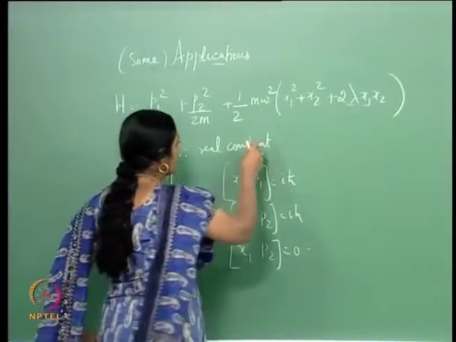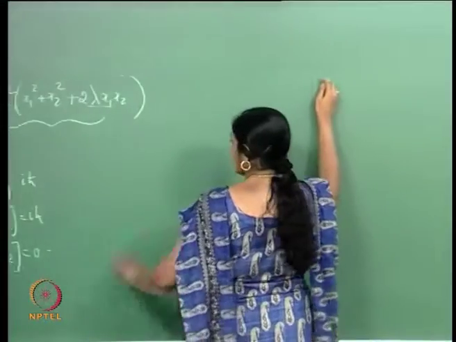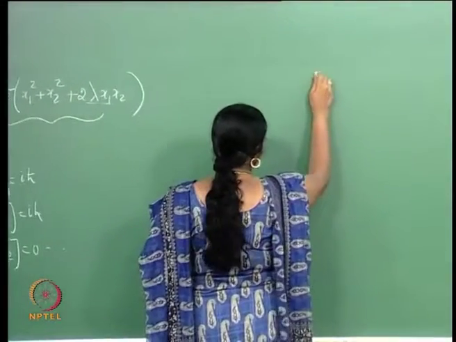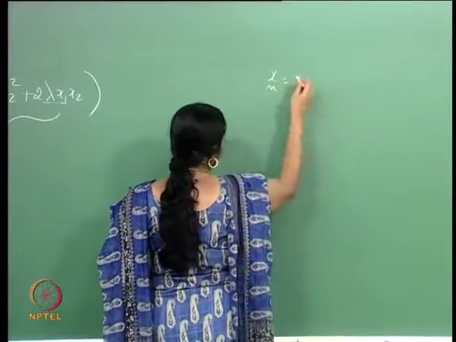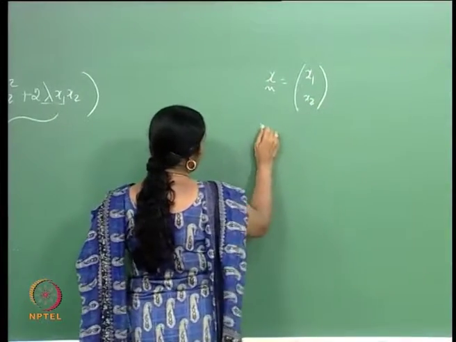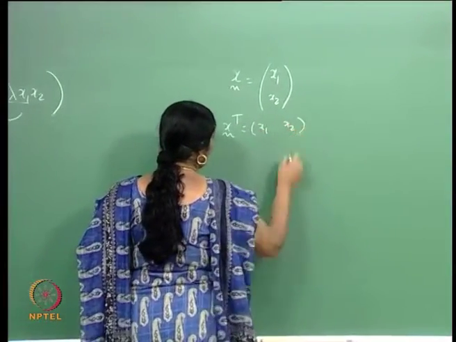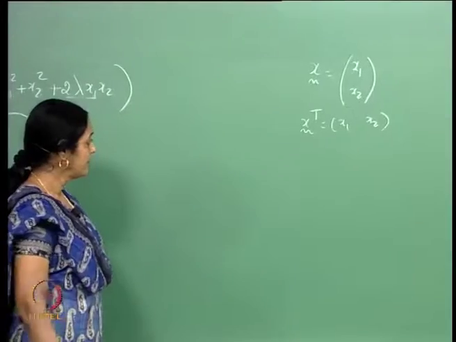So let me look at this term. The simplest way to move to zeta and eta is to define an object x, a column vector, which is given by x1, x2, so that its transpose is the row x1, x2.